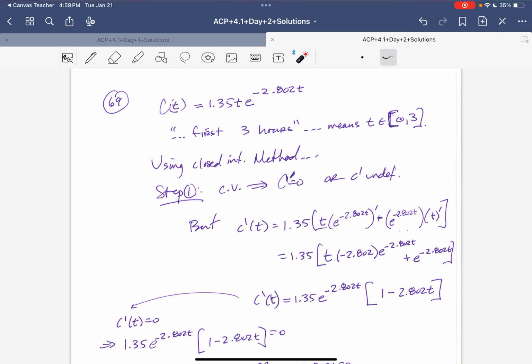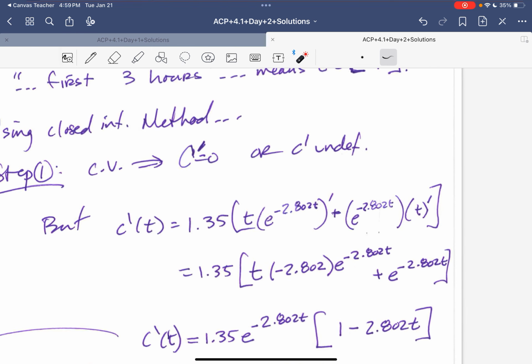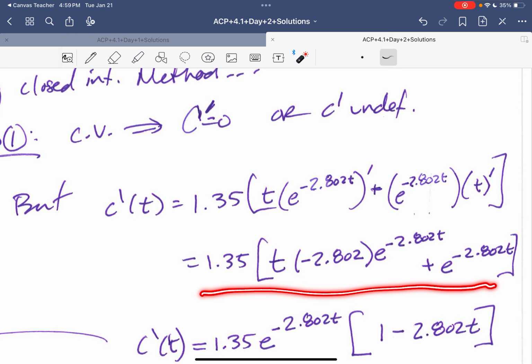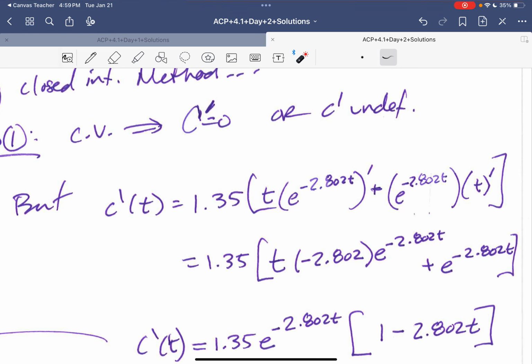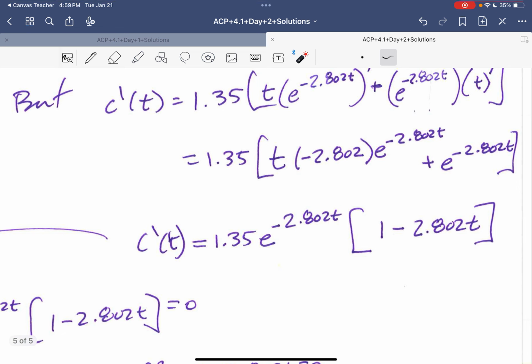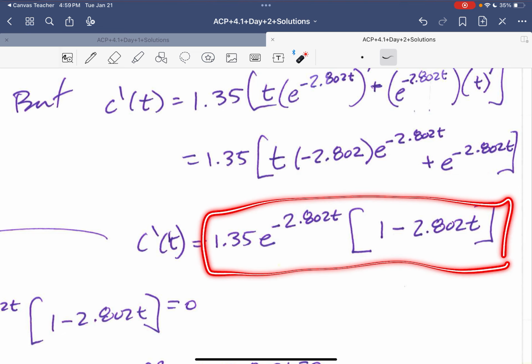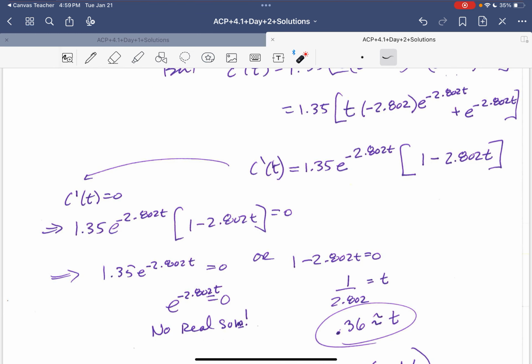So I say, where's the derivative equal to 0 or undefined? I take my derivative and I get this. Well, notice I get this thing right here, but then we remember we like factored fractions. So we factor out the common factor and we get this, which is so much easier to find the critical values of.